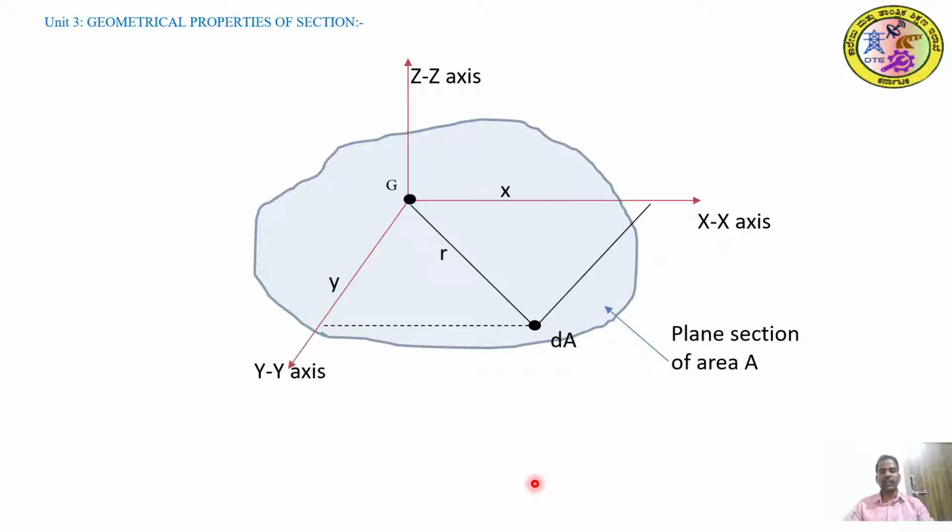If you look at the figure, the zz axis is perpendicular to the xx and yy axes. Therefore, Ixx plus Iyy is equal to Izz.